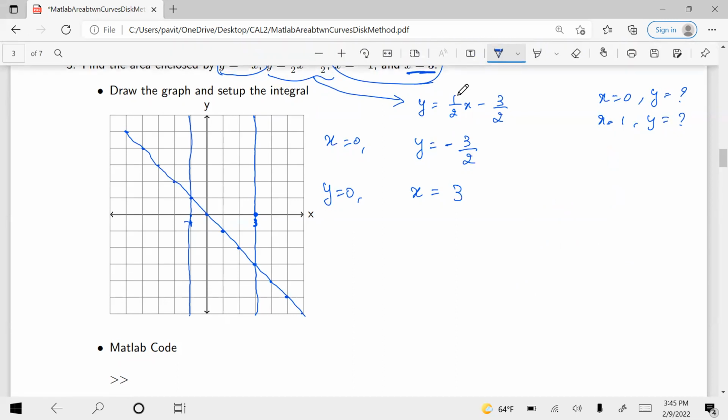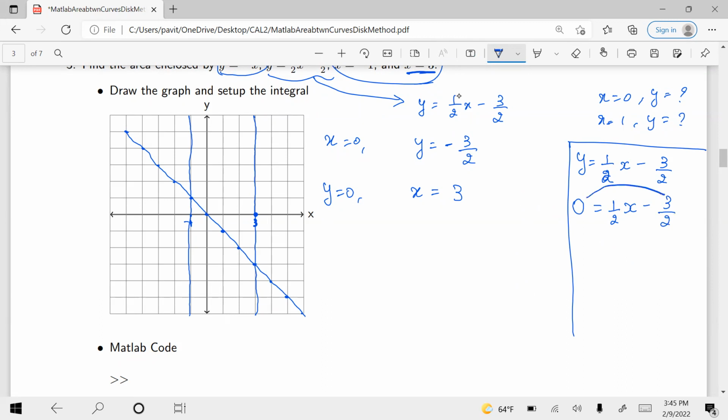I will show the calculations here. You can make a note of it very quickly. y equal to half x minus 3 over 2. What I told you was plug in y equal to 0 here and find the value for x. Now I'm going to send this constant to the other side, or you can send half x to the other side.